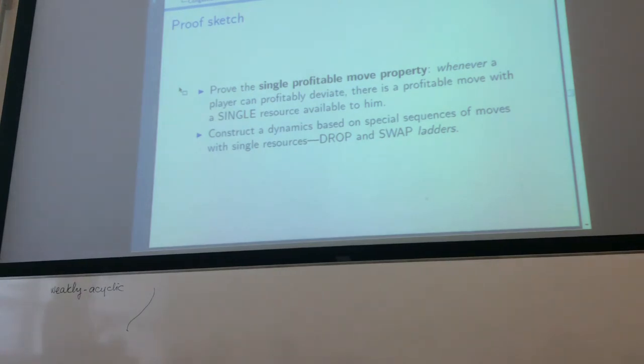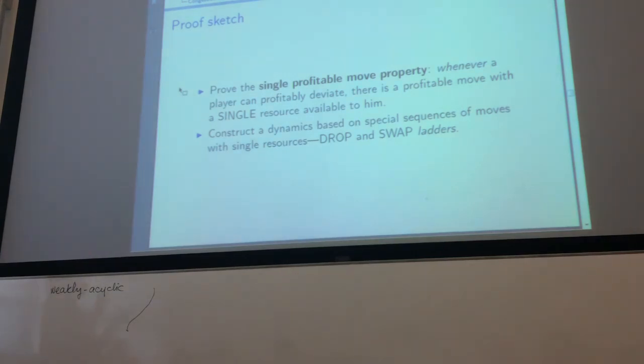And in fact, it will realize in a very strong property saying that if an agent has a deviation, any possible deviation, then there must be a deviation which is an elementary change: a drop, an add, or a switch of a single resource. What does that mean? Instead of checking all possible deviations, it's enough to check only these elementary changes.